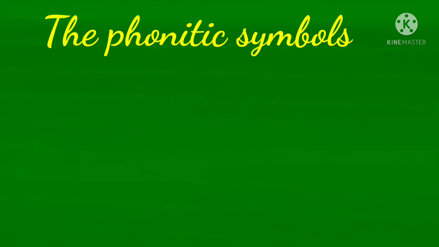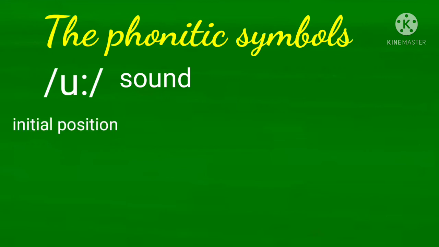Next one is the long U. The symbol used is the small letter U and 2 dots after that. This sound occurs in all the 3 positions, but in the initial position you cannot find many words. The word ooze, O-O-Z-E, is an example for the sound occurring in the initial position.